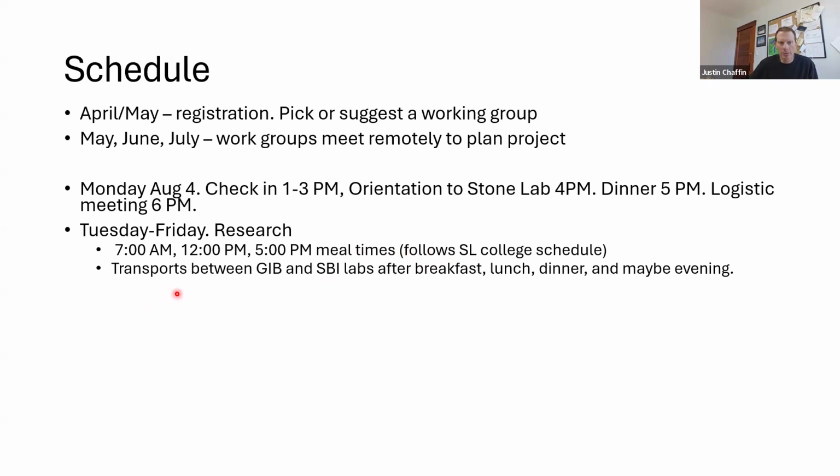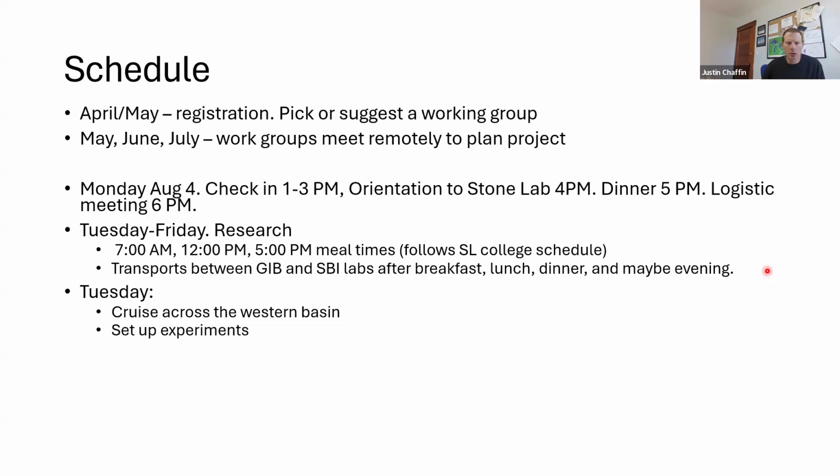And then we also have transports between the two islands, so between South Bass and Gibraltar Island, after breakfast, before and after lunch, and dinner. And potentially we could arrange for an evening one, which should be doable. So that'd be the Tuesday through Friday schedule. And if you're off on the boat all day long, we can have bag lunches.